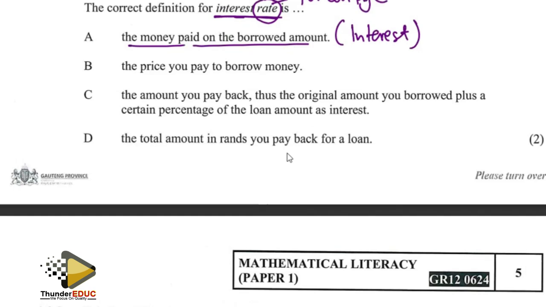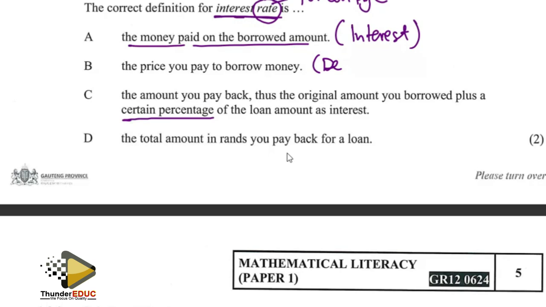All right. The price you pay to borrow money. This one could have been deposit. The price you pay before you borrow money, yes. The amount you pay back, that's the original amount you borrowed plus a certain percentage of the loan amount as interest.